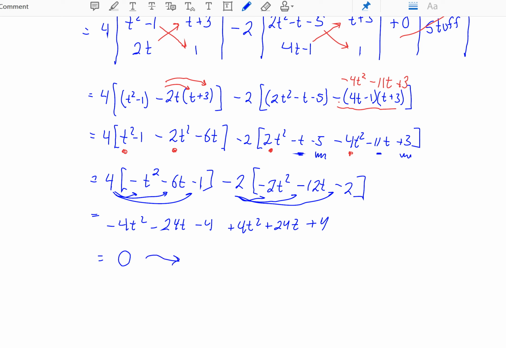This tells us that the Wronskian is inconclusive, or that we need to try a different test.